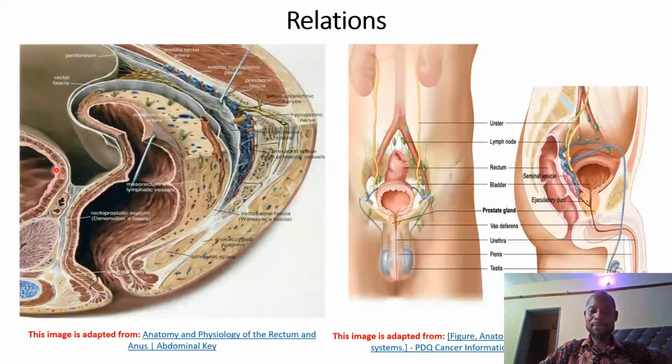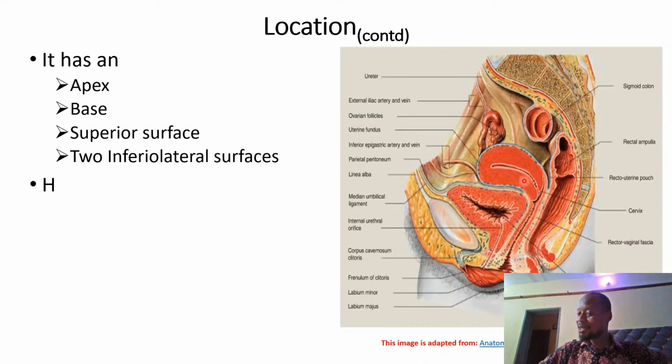In the case of the female, as you can see here in this slide, it's different. You will be looking at two pouches, two pockets of space formed by the peritoneum.